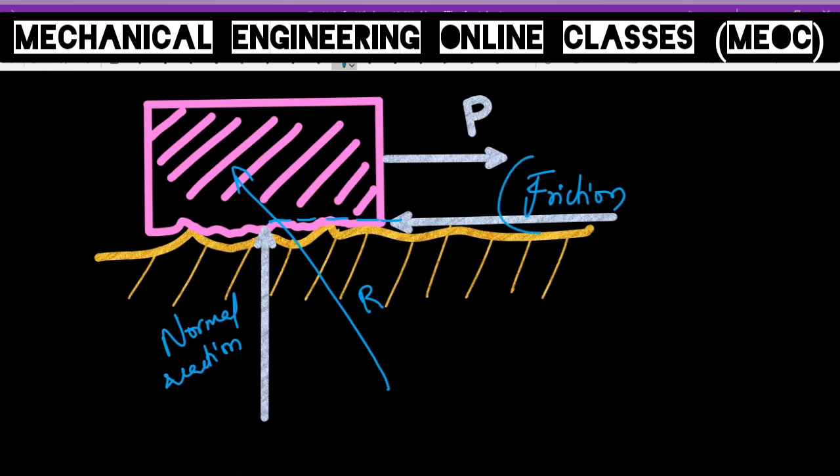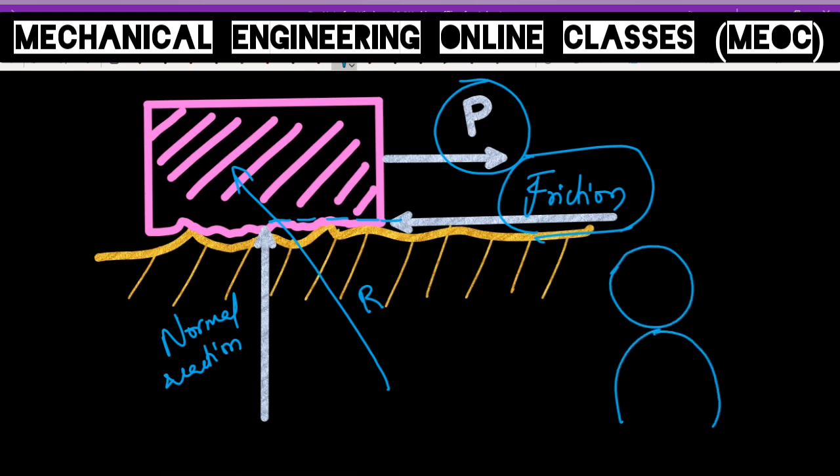So friction is that force which is working in the direction opposite to that of the direction of motion. So direction of motion will be in the direction of P. So friction is opposite to P, and it is tangential to the surface of contacts, because as we have seen, because it is a rough surface, we will have point contacts.